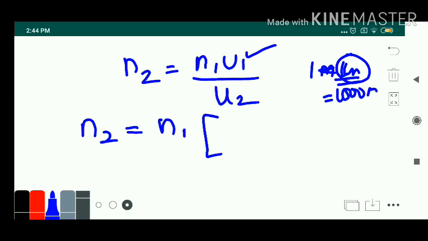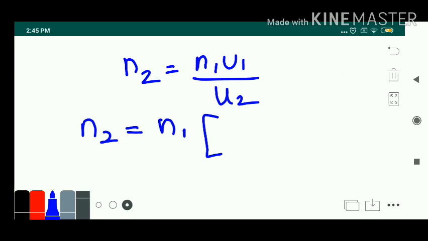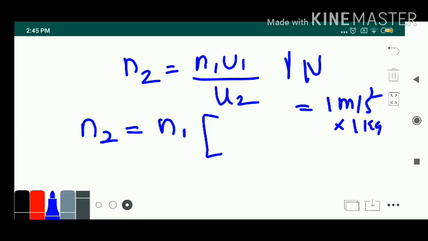Similarly, let's say 1 Newton is equal to actually 1 meter per second square, that is acceleration, into 1 kilogram, that is actually 1 Newton. So that means there is length here, there is time square, and there is mass.